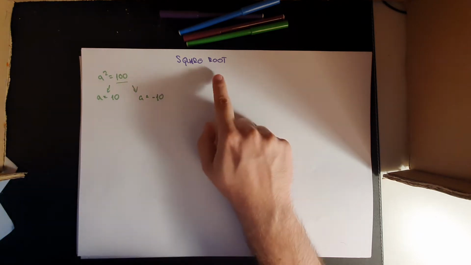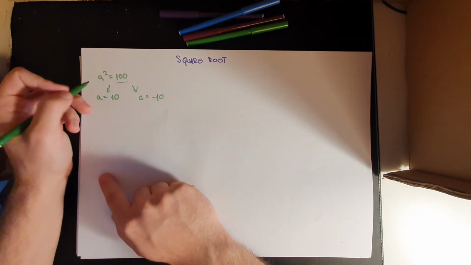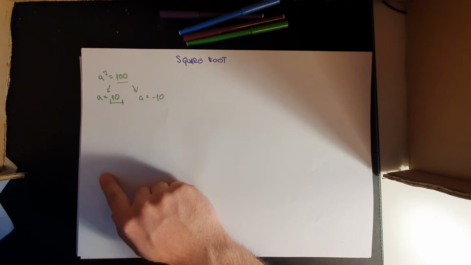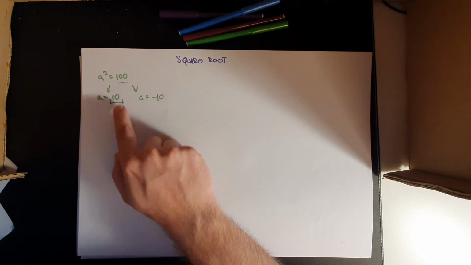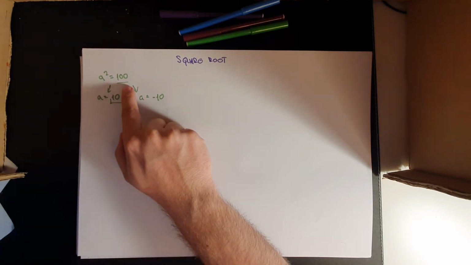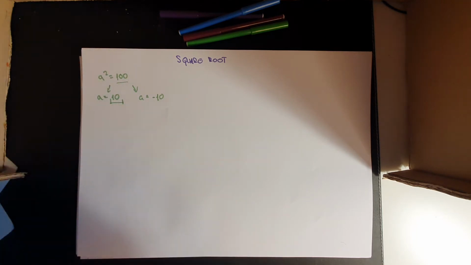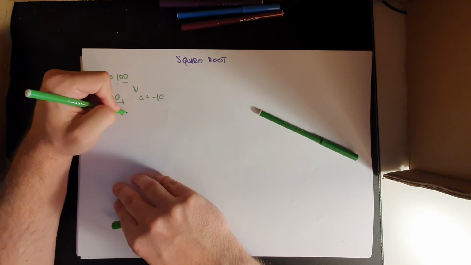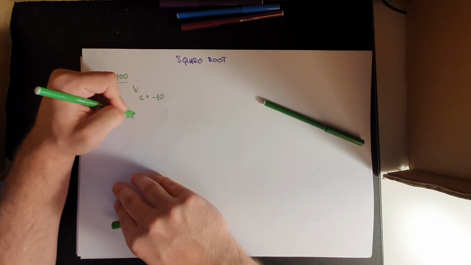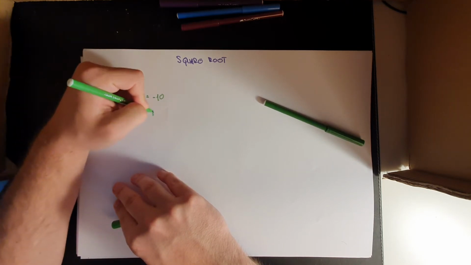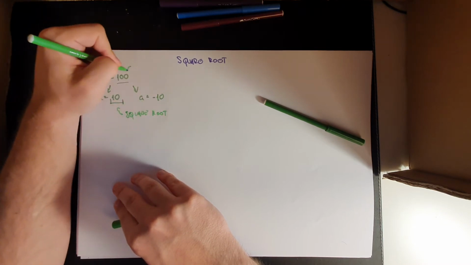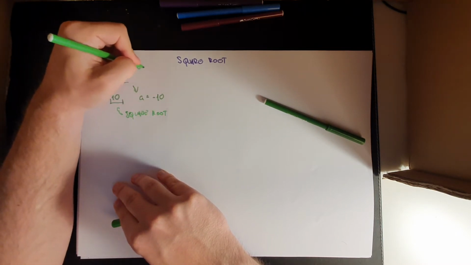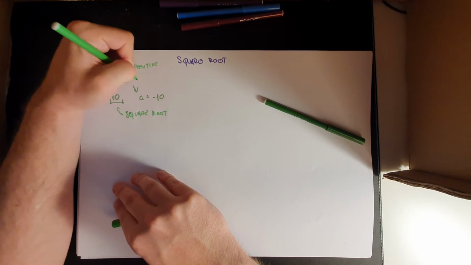Now, considering square root is going to be this part. So 10 is going to be the square root of 100. This is the idea. So this is a square root. And 100 is a positive number.